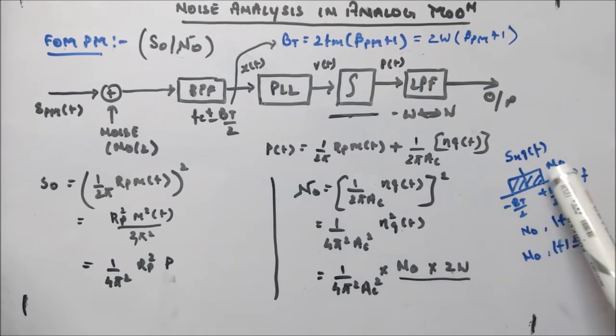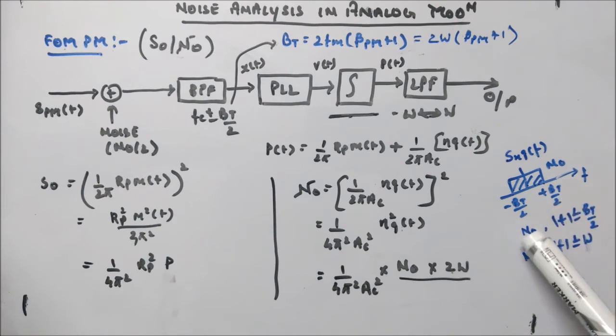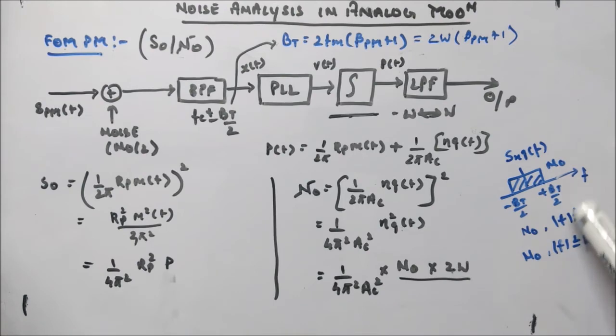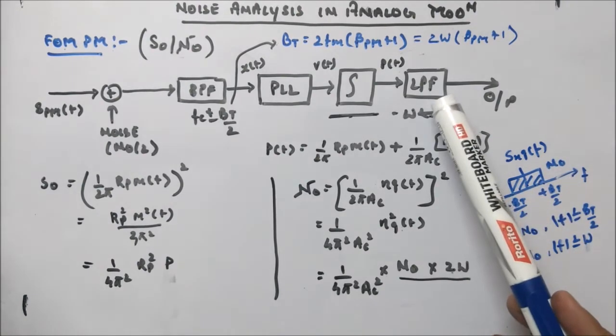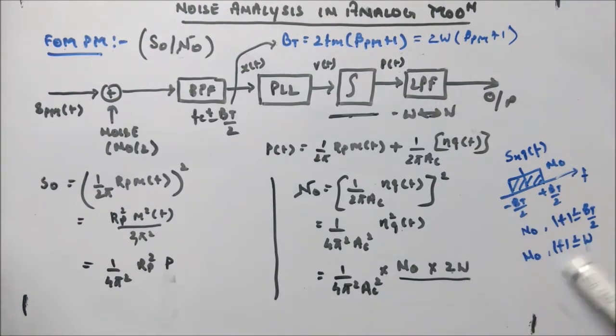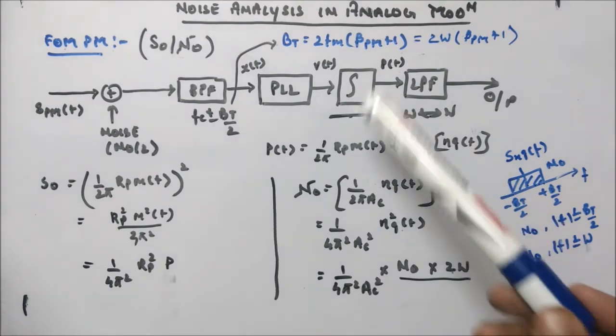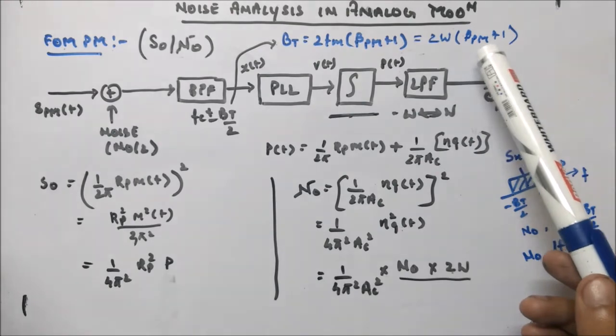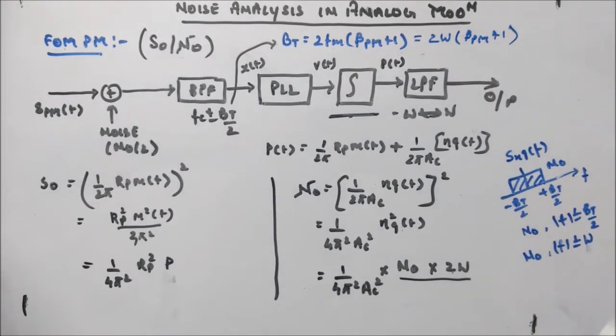We have seen in the FM the power spectral density of quadrature component. So it is N naught from minus BT by 2 to BT by 2. But if this signal will pass through this low pass filter, you will get frequency band from minus W to plus W, since BT by 2 is greater than W. Okay, you can see.